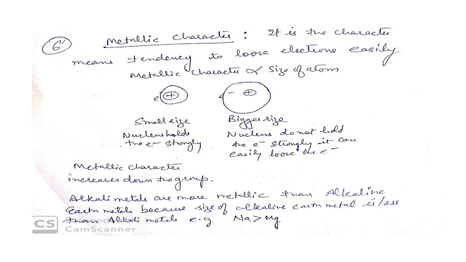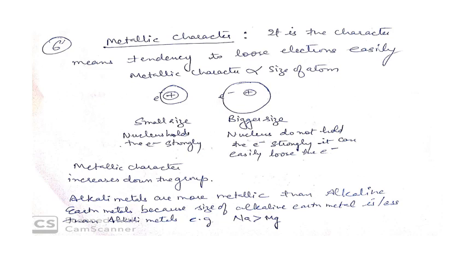If it is of bigger size, the nucleus does not hold as strongly as in a smaller atom. So in a large size, the tendency of losing the electron becomes high. That's why the higher the size, the higher the metallic character.